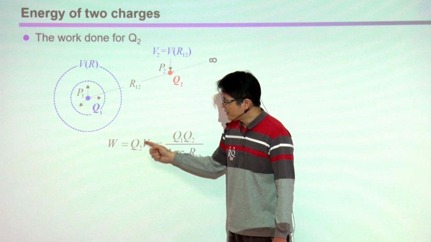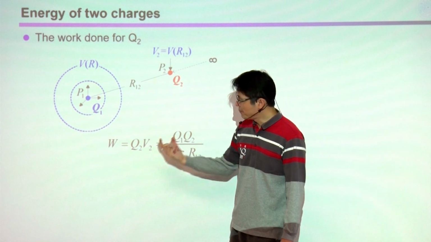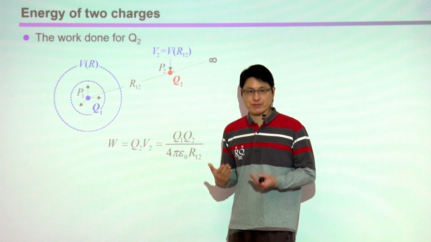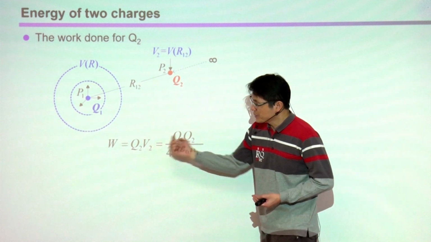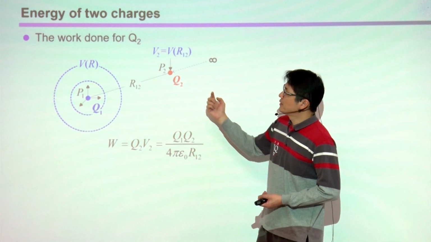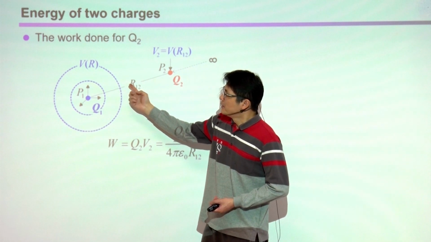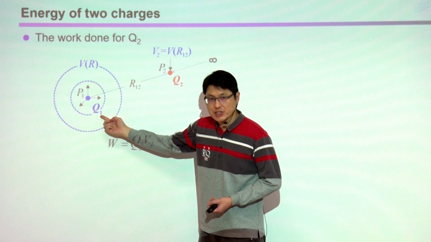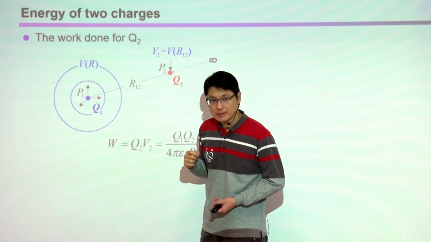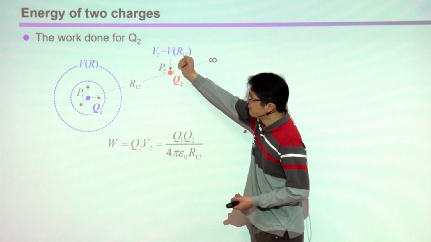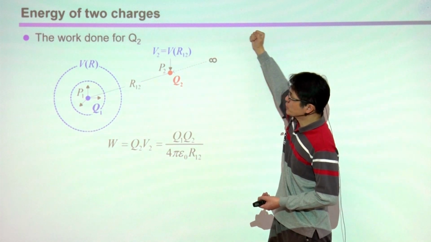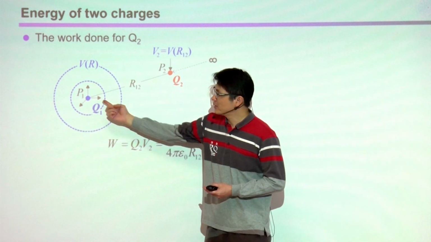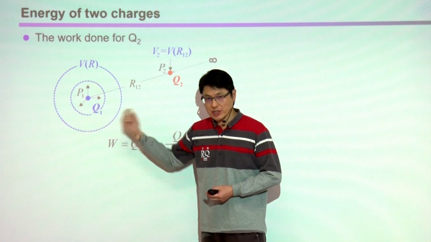The charged amount of particle 2 multiplied by V2, but you have to understand what V2 stands for. V2 stands for the potential being set up by the first charge, right? As I am bringing the second charge to this location, I'm working against the field generated by the first charge.